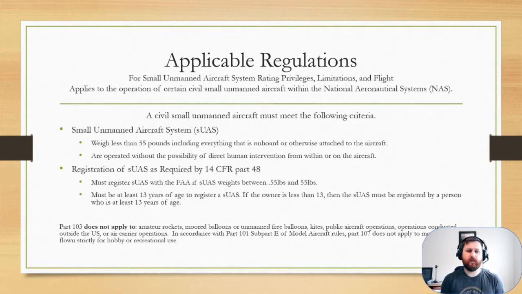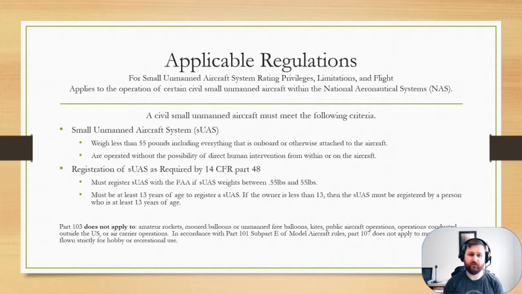So a civil small unmanned aircraft, that's what sUAS means, must meet the following criteria. It must weigh less than 55 pounds, including everything that is on board or otherwise attached to an aircraft. If it's over 55 pounds, that is a really, really big drone.